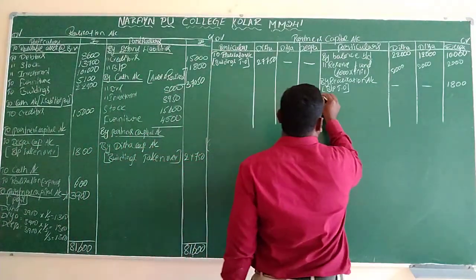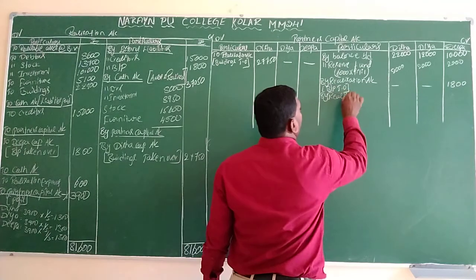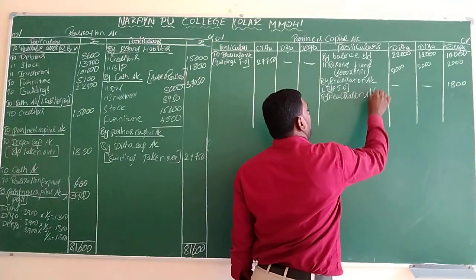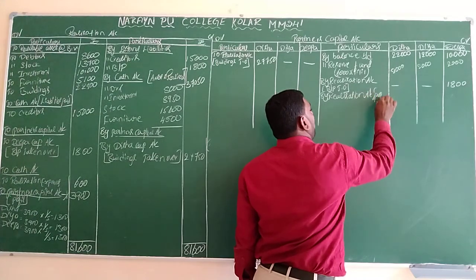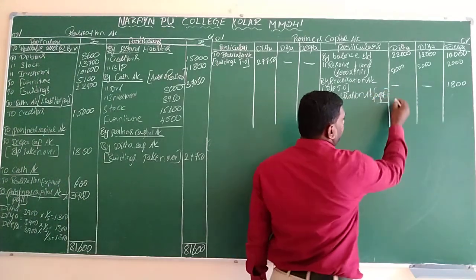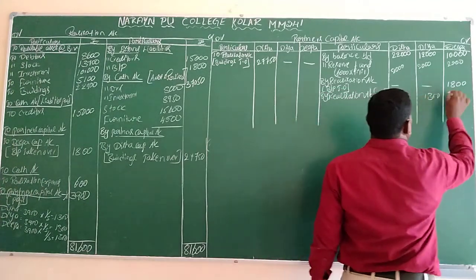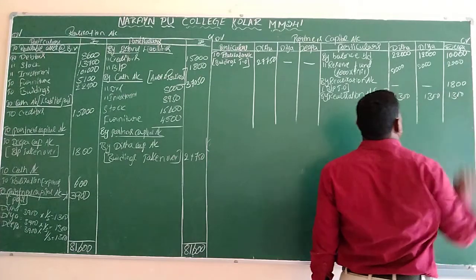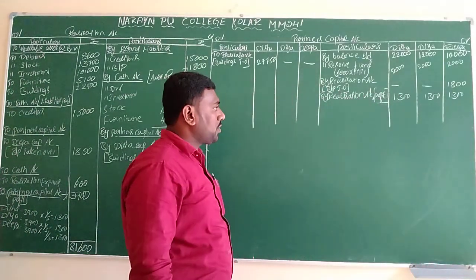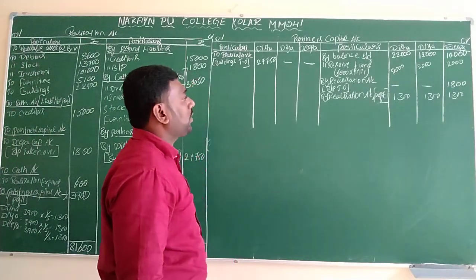We will write by realization account, in bracket, profit, 1,300 each for the three partners.